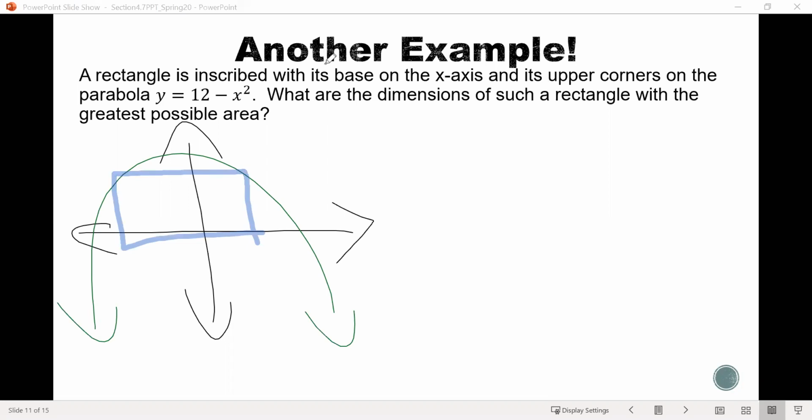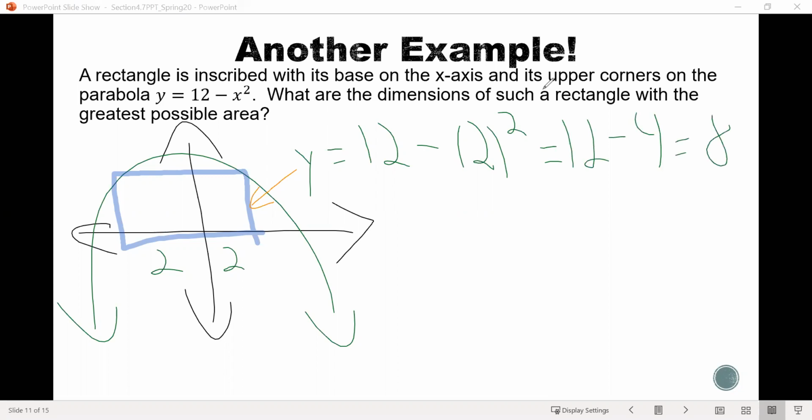So we just found out that the length here is 2, and this one will also be 2 then. And then we saw, based on our analysis, that the width here will be given by y equals 12 minus the value for x, which is 2 squared. So we'll have 12 minus 4, which gives us 8. These two together give us 4.